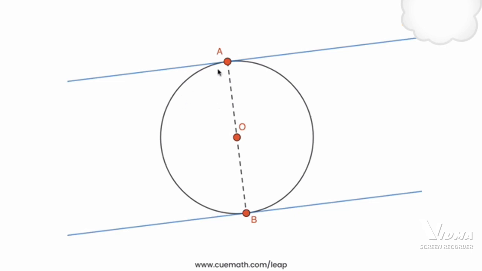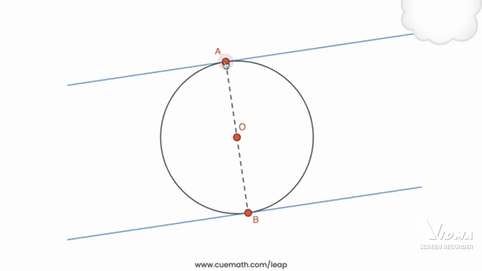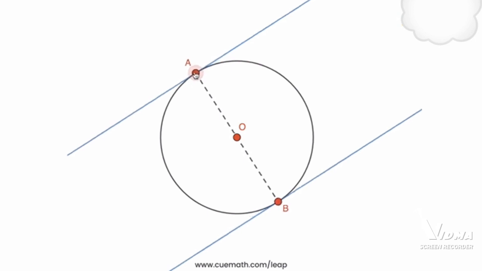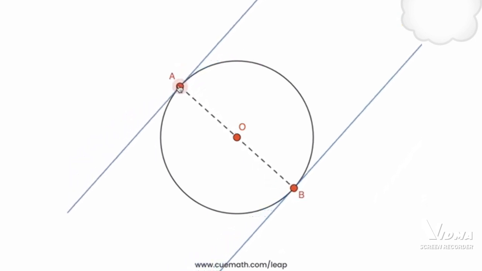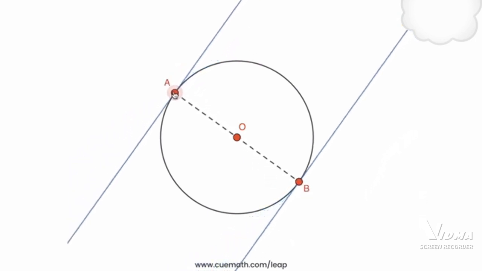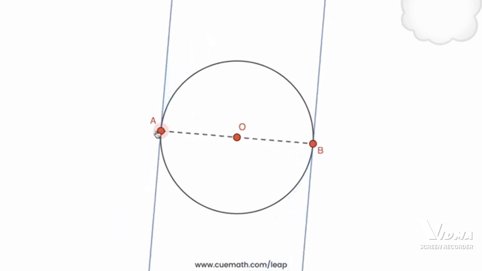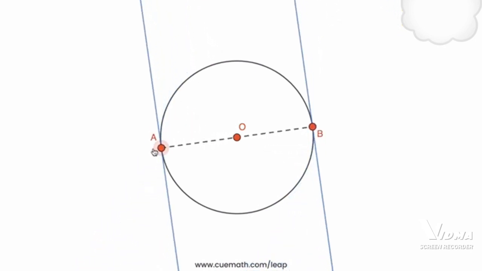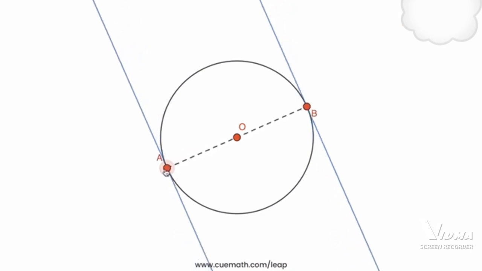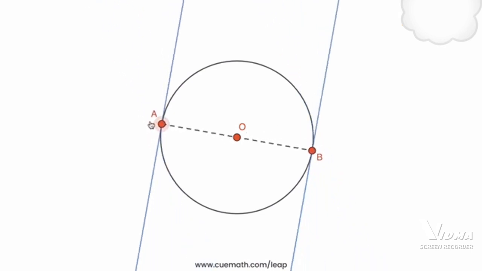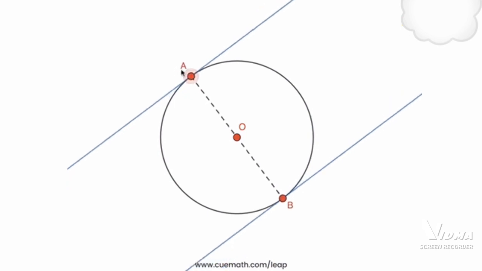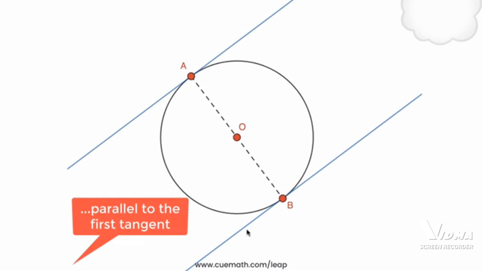Now if I vary the diameter, let's say I move the point A like this, you can see that the tangents at the endpoints of the diameter continue to be parallel. Okay, and you can see that you can draw at the most 2 parallel tangents to the circle. So if you have any tangent, there can be exactly one more tangent that is parallel to it. So this is how you can think of part 3.